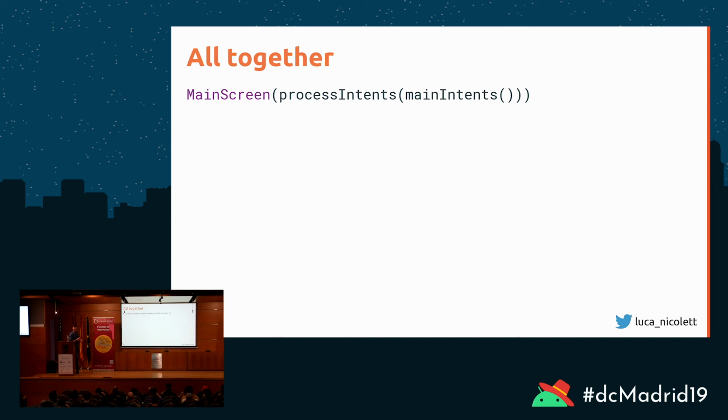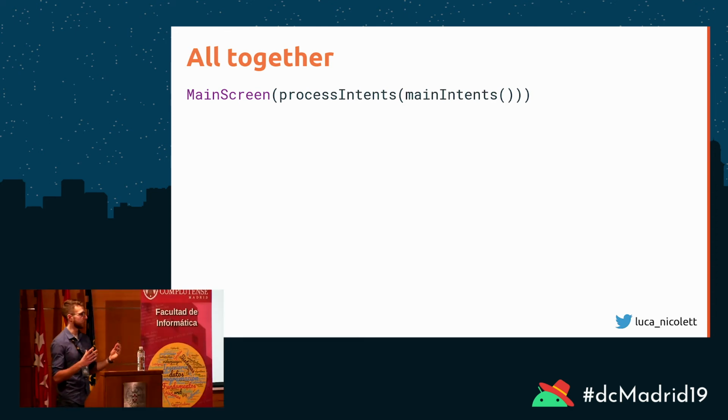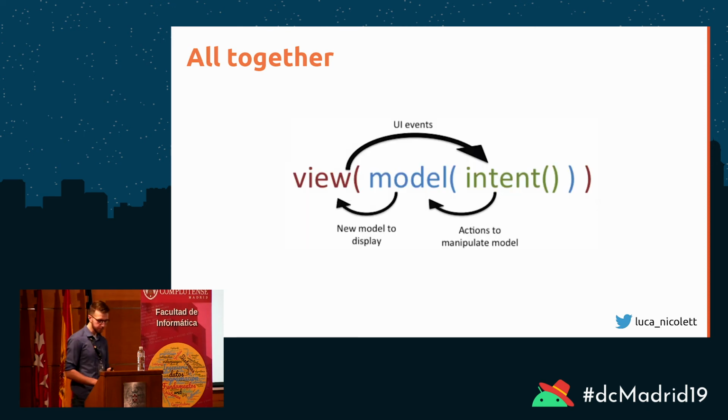Being a composable function which accepts a view state that is wrapped by a state, as soon as the view state is updated, so as soon as our business application emits a new value, this function is then recomposed. So if the view state changes from idle to loading or to completed, our screen is being updated. As we can see here, we have a bunch of functions, one nested into the other.